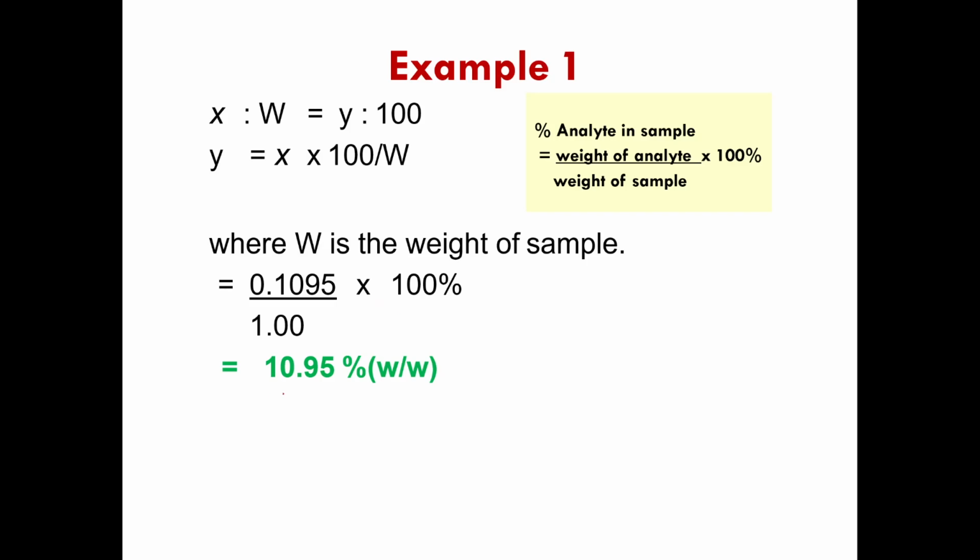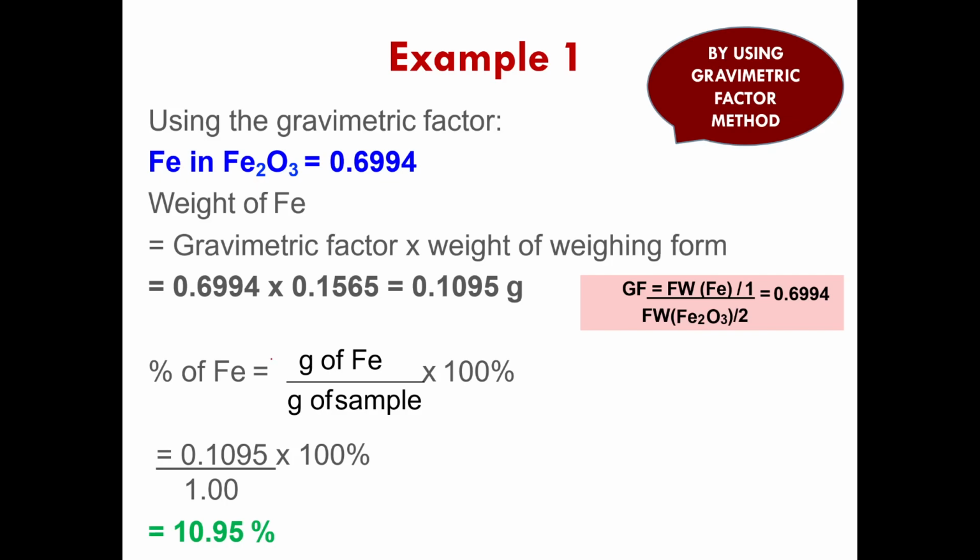Next is by using the gravimetric factor. We need to calculate the gravimetric factor first. The gravimetric factor is the formula weight for iron, divided by 1 because there is 1 analyte, divided by the formula weight for the precipitate, which is Fe2O3, divided by 2 because there are 2 iron in the formula of the precipitate.